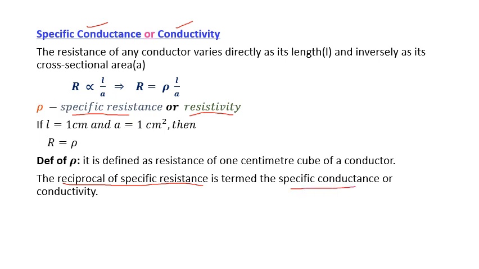Earlier we studied that conductance and resistance are reciprocals: conductance equals 1 by resistance. Similarly, specific conductance or conductivity equals 1 by specific resistance.